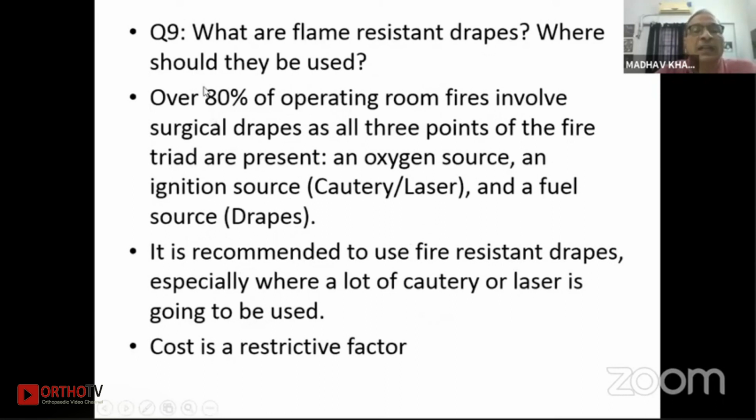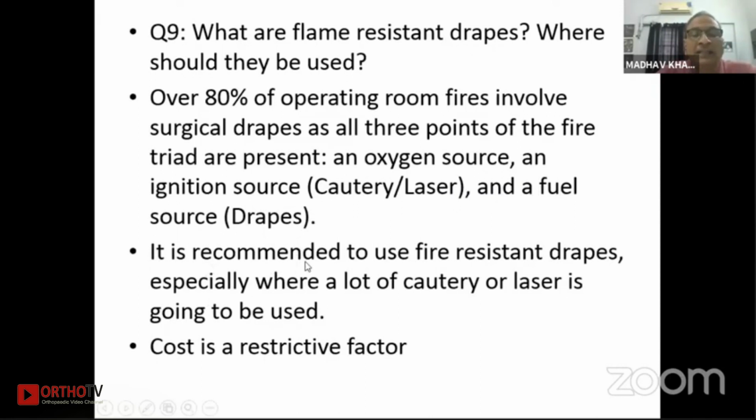So coming to question 9, what are flame resistant drapes and where should they be used? Over 80% of operating room fires involve surgical drapes, as all 3 points of the fire triad are present there. There is an oxygen source, as the patient is being given oxygen, an ignition source like a cautery or a laser, and a fuel source, which is the drapes themselves.